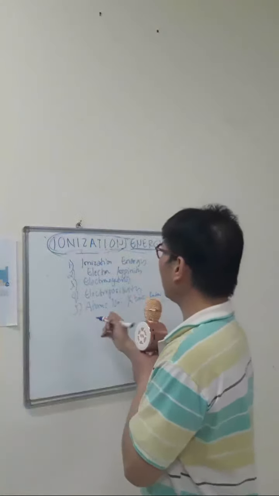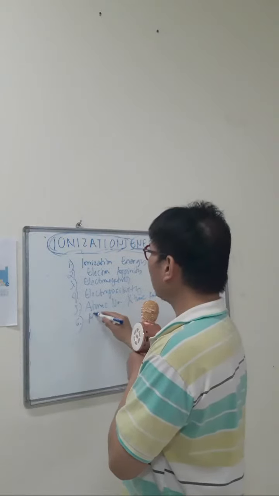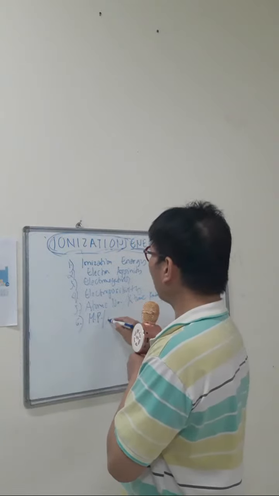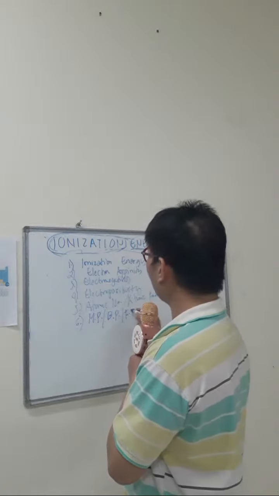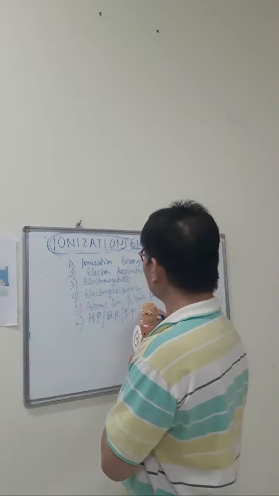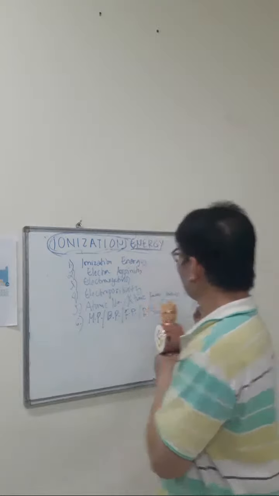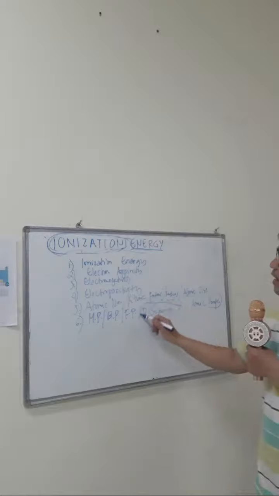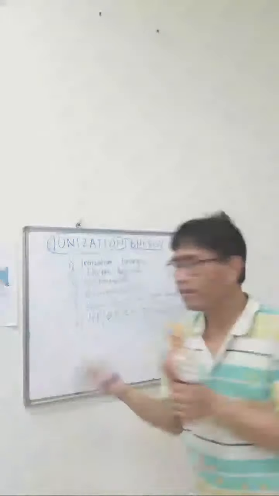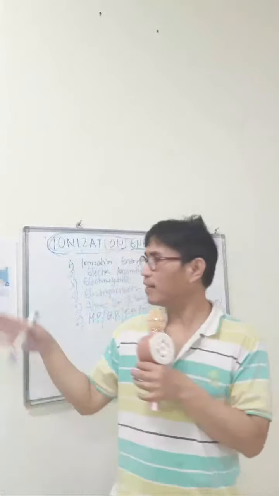So number 6, we have the melting point, boiling point, freezing point, and also density and solubility. Normally, in books, density and solubility, if you try to be bookish, will not be connected to the periodic trends.